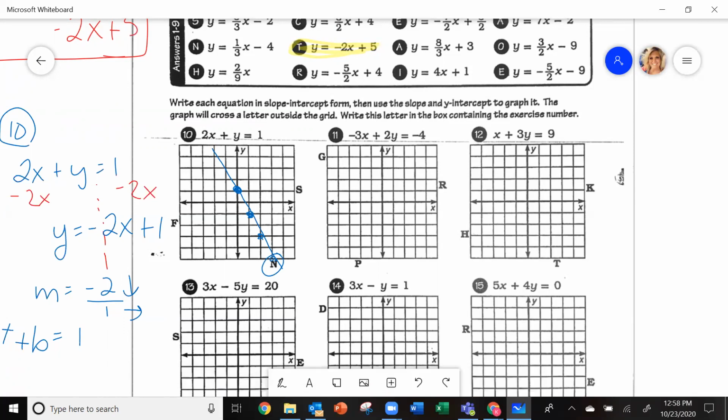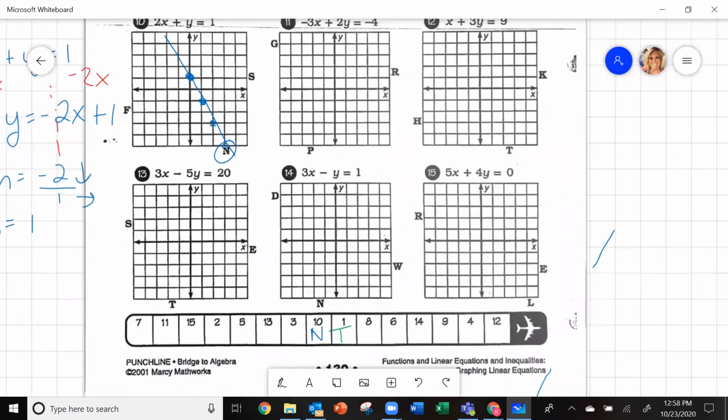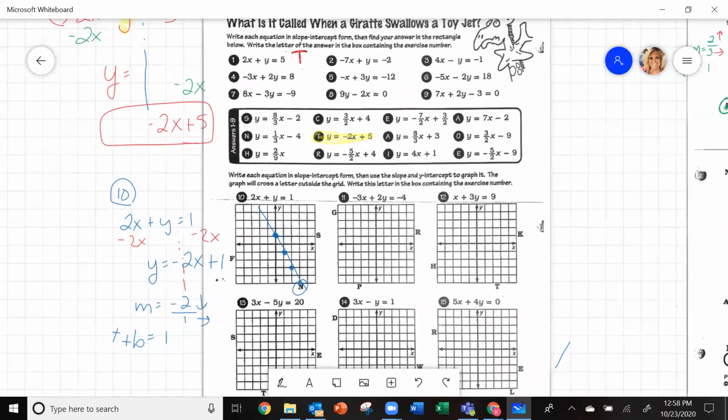So in number 10, I'm going to come down here and put an N. On the other page, we were crossing them out. This time when you run into a letter, you're going to put that letter in the box. Once you get done with this, it should spell out the answer to the puzzle, and that way you will know if you're right or wrong.